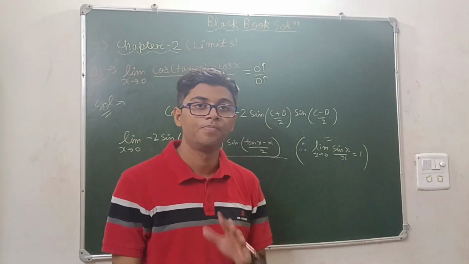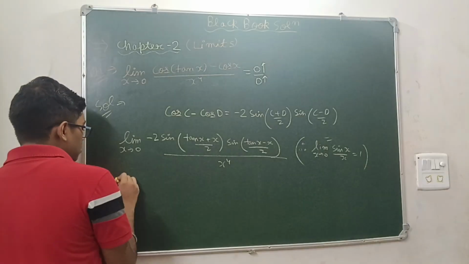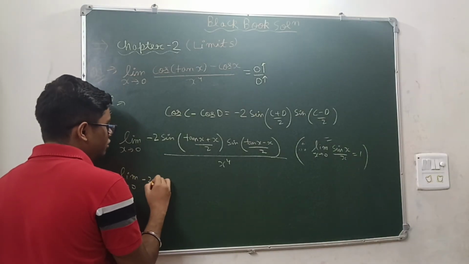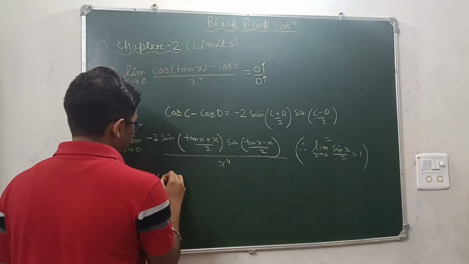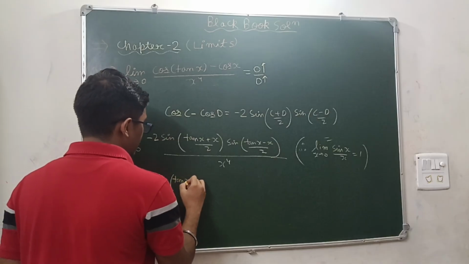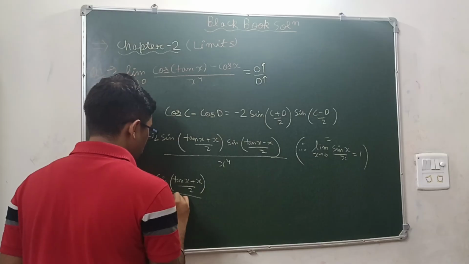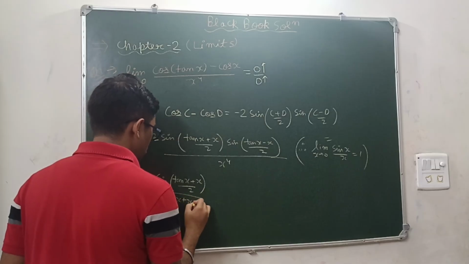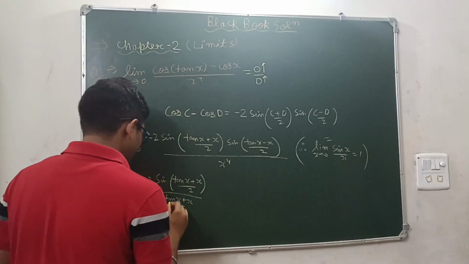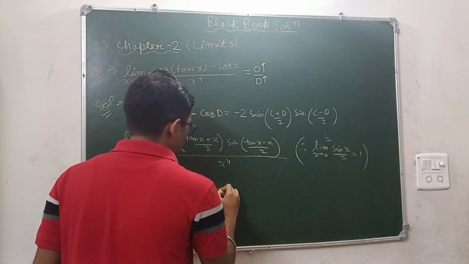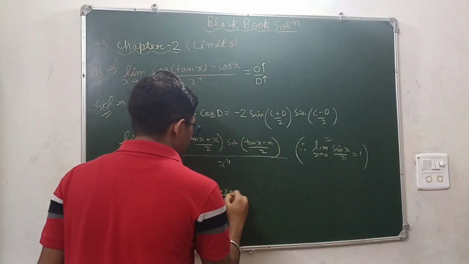See here, limit x tends to 0 of minus 2 sine of (tan x plus x) by 2, upon (tan x plus x) by 2. We have divided and multiplied by (tan x plus x) by 2.